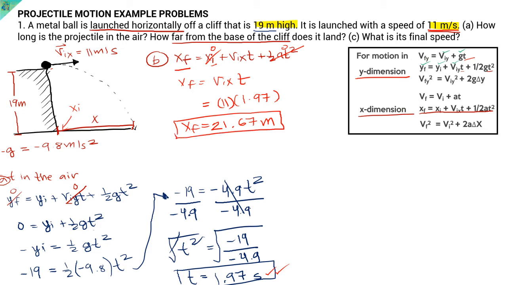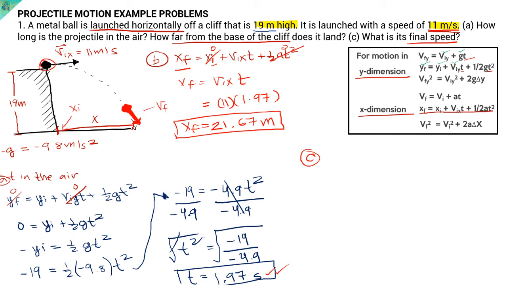Okay, last one. For letter C, our question is the final speed. So the final speed is in terms of the Pythagorean theorem, right? So for example, if this ball started here, and we imagine that this is the final position before it lands, it will have what we call here the final velocity.